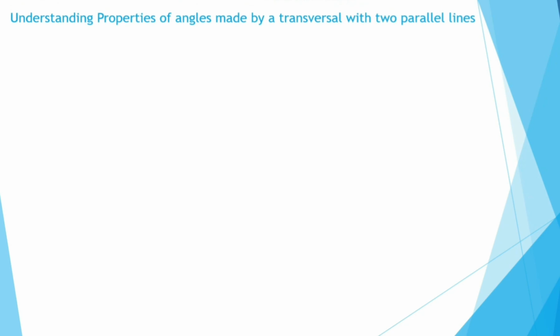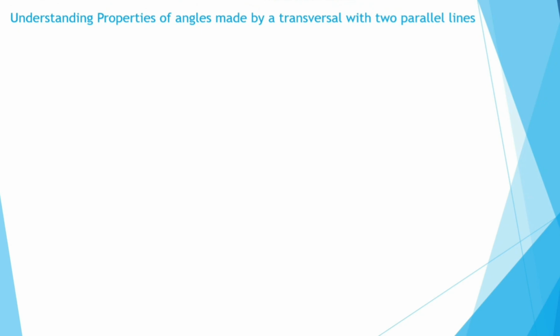Now let us look at parallel lines. When parallel lines are cut by a transversal, we have several pairs of angles formed. So let us study them in detail: understanding properties of angles made by a transversal with two parallel lines.